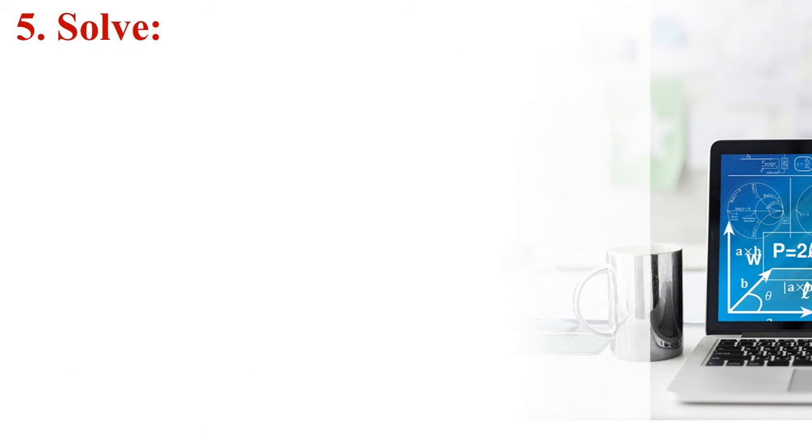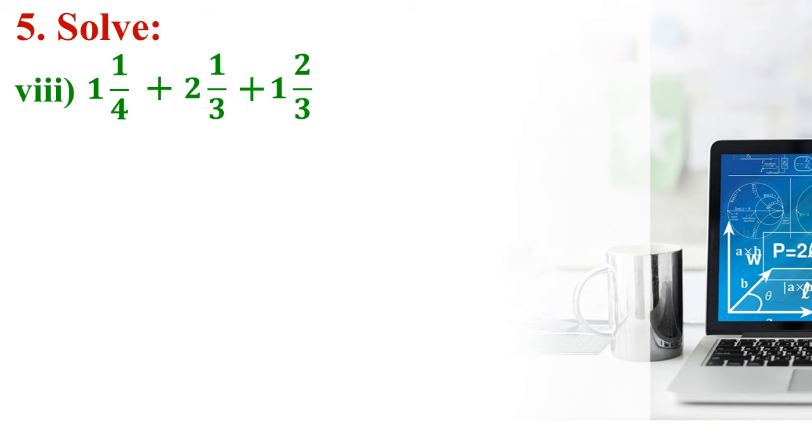Next, the fifth problem. The given fractions are 1 1/4 plus 2 1/3 plus 1 2/3. Now, these are mixed fractions. So, first step, we convert to improper fractions.